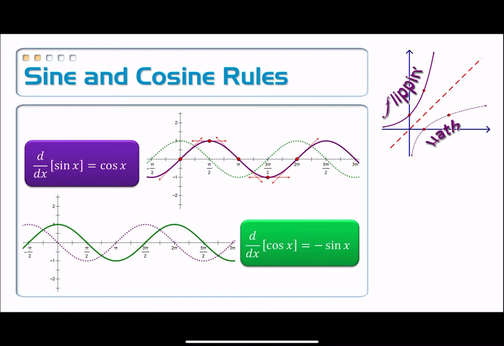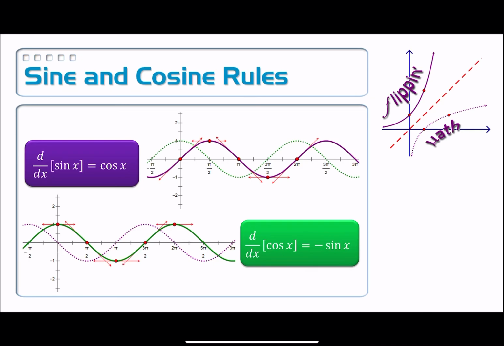Once again, if I wanted to find the slope at any particular point, all I have to do is plug it into negative sine. At 0, sine of 0 is 0, so negative 0, and there's my slope. Or let's pick another one, pi over 2. The sine of pi over 2 is 1, but we're taking the negative of it, so it's -1, and so on.